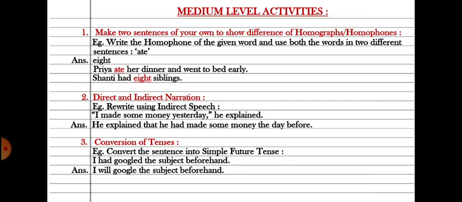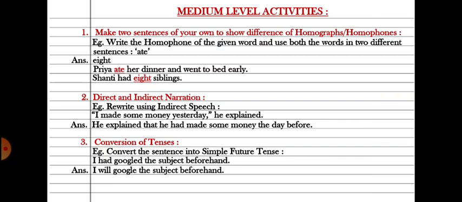Direct and indirect narration. The words of a speaker may be reported in two ways. Direct speech. Here, whatever the speaker has said is reported in the same way that he or she has said it. For example, she said, comma, double open inverted commas, it's cold, close inverted commas, full stop.